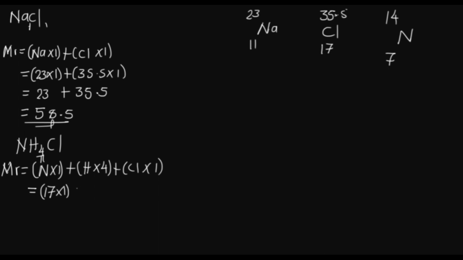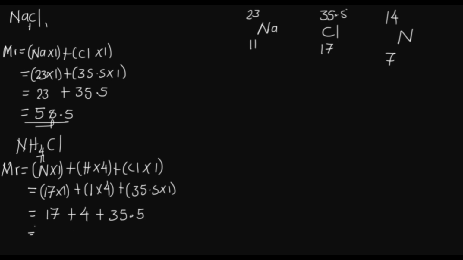So we are going to have 14 times 1 plus hydrogen is 1 times 4 plus chlorine is 35.5 times 1. 14 times 1 is 14, plus 1 times 4 is 4, plus 35.5 times 1 is 35.5.